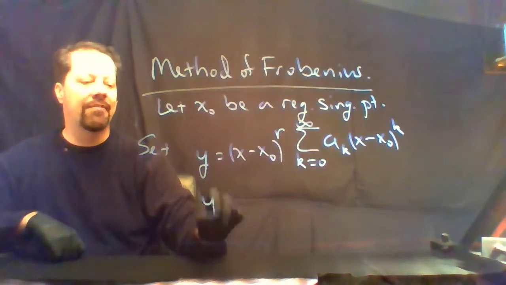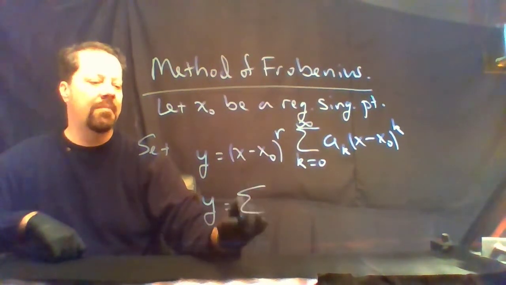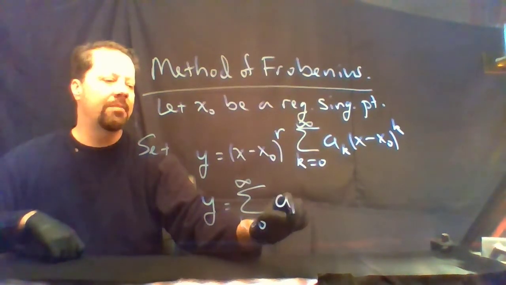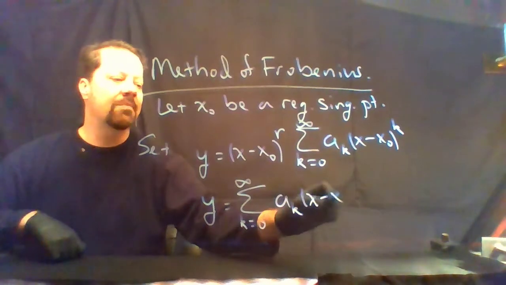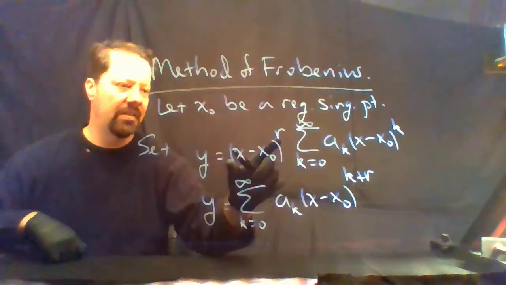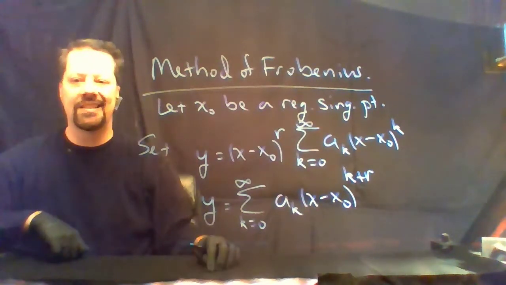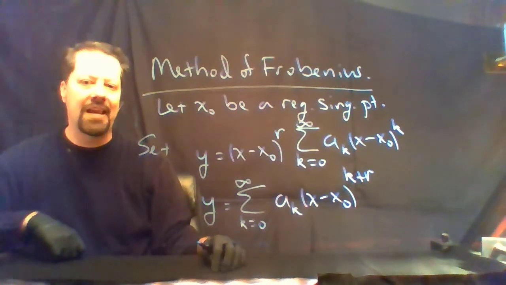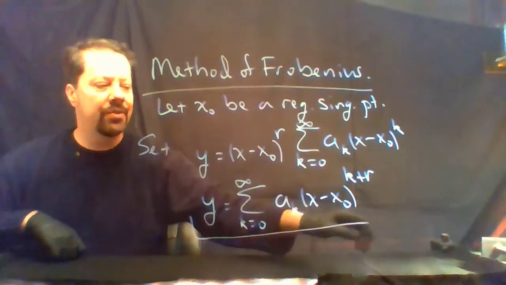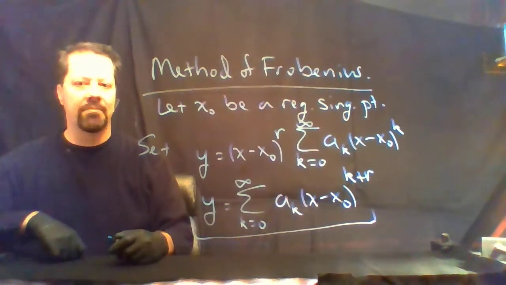The solution will have the form, the sum as k goes from 0 to infinity, a sub k, x minus x naught to the power of k plus r, adding these r factors of x minus x naught onto those k factors inside of the series. We're going to assume that our solutions have this form.